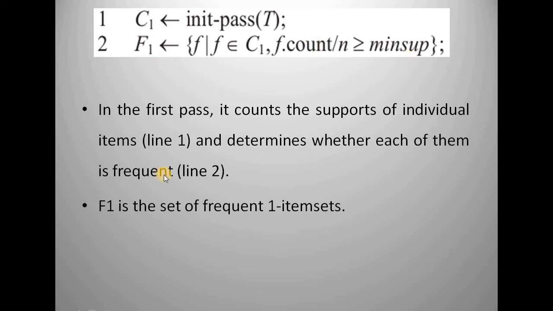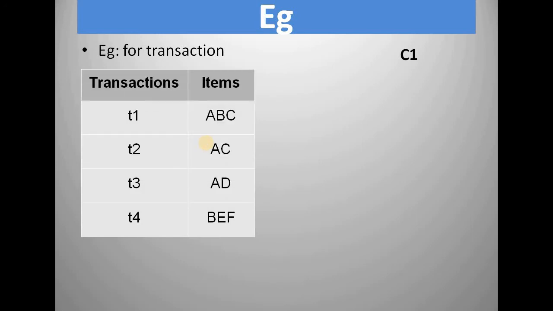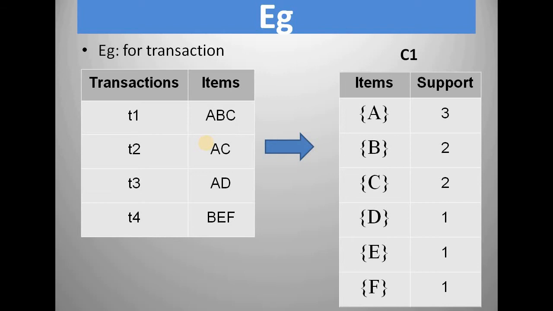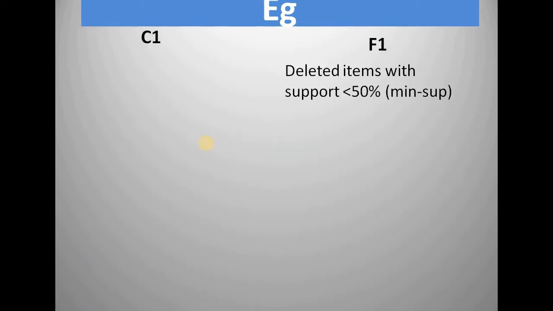So that is it. Here in the example, this is our transaction set, and this is C1, the first candidate set, that is A, B, C, D, E, F with counts 3, 2, 2, 1, 1, 1. Now our minimum support is 50%, so at least the value should be 2.